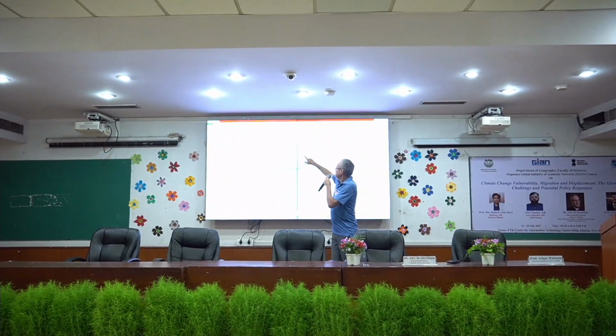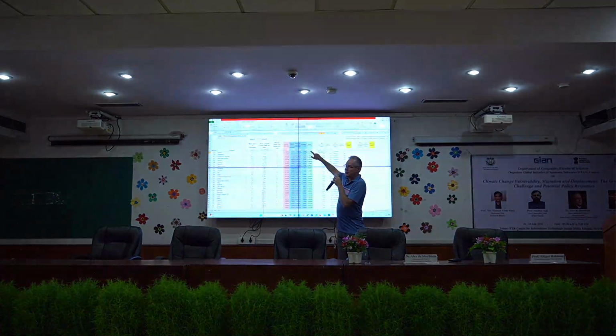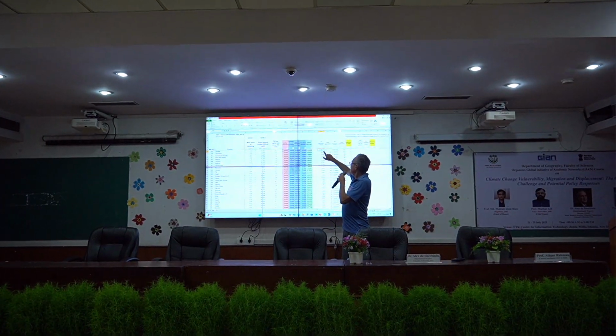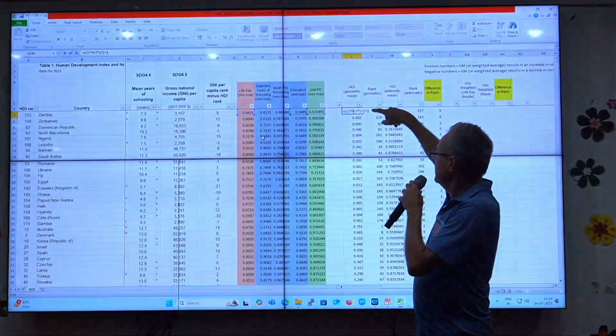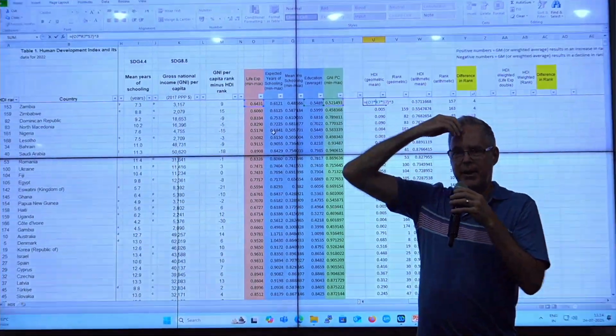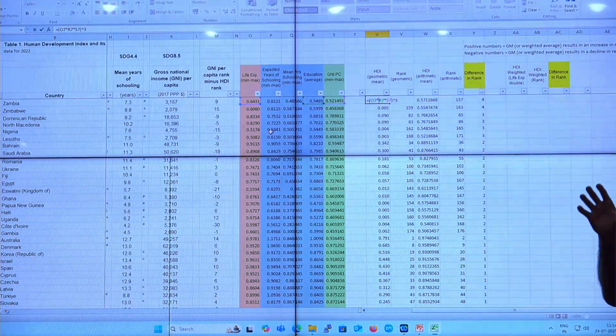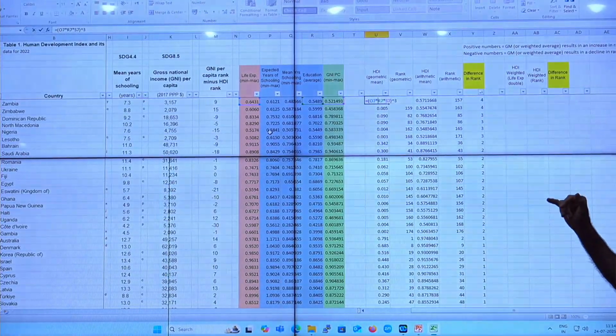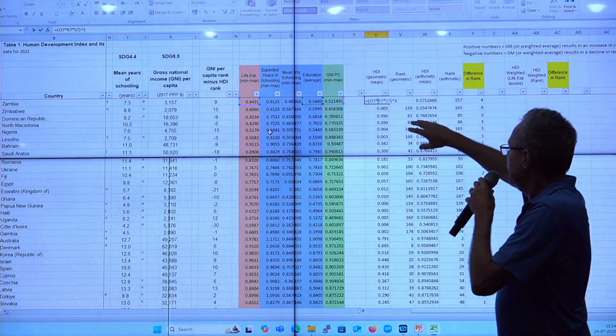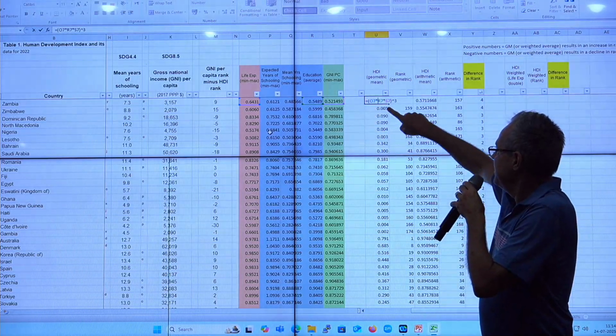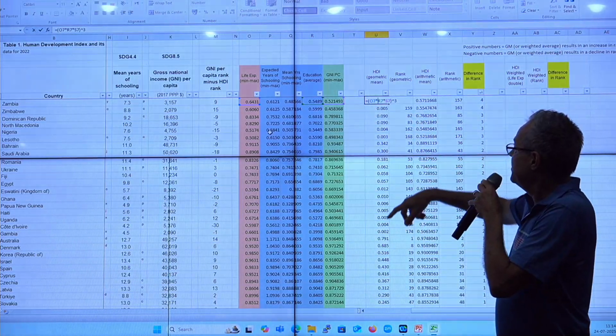The life expectancy, the education, and the GNI per capita. And then you take the cube root. That's the way in Excel of doing the cube root of the value of the product of those three variables. And that produces the value here in this column.